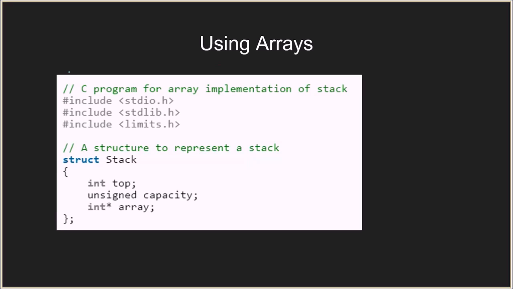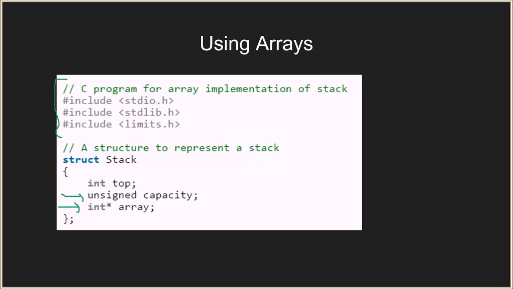So we have the normal header files declared here. Then we create a structure where we have the array that will be the actual place wherein the elements of the stack will be stored. Then we have unsigned capacity. This will be the capacity of the stack because we are using arrays, so we need to define the capacity upfront.